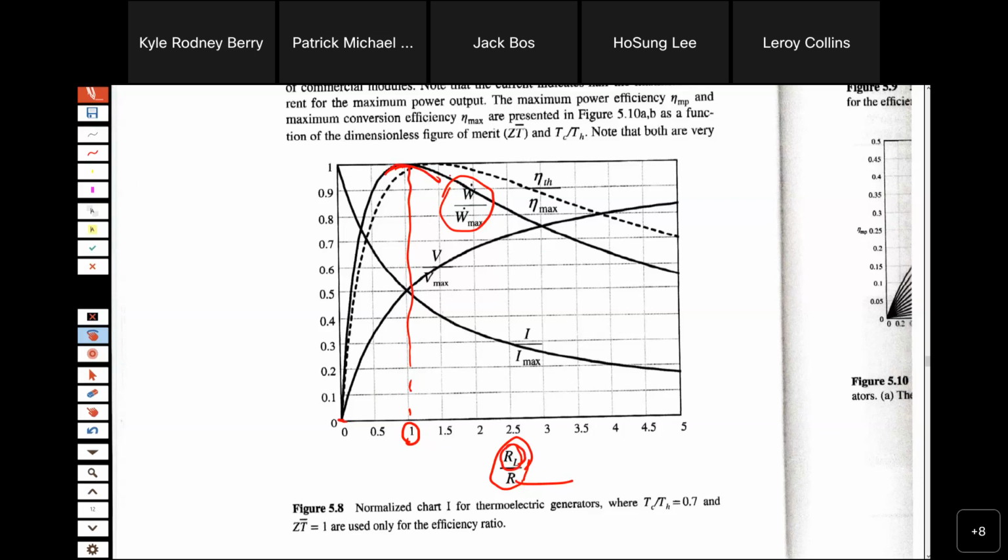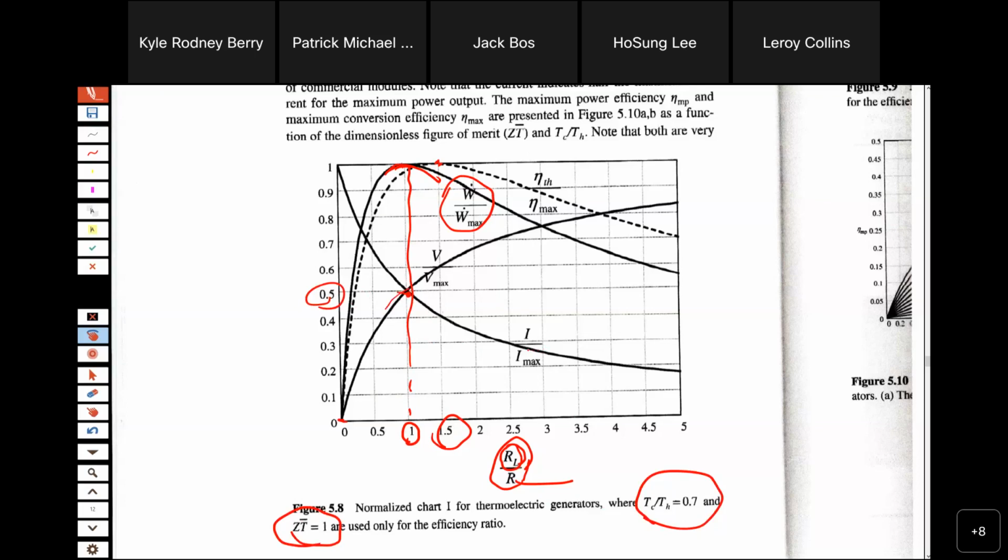And efficiency is a little bit more than that, but very close, about 1.5 in this case. Okay, then current and the voltage, we can see that. I used the TC ratio 0.7, ZT 1 for this.